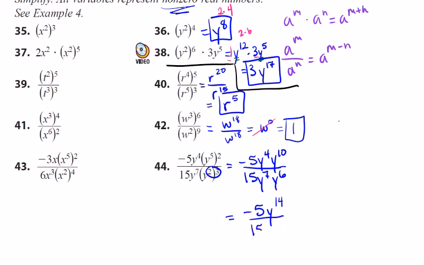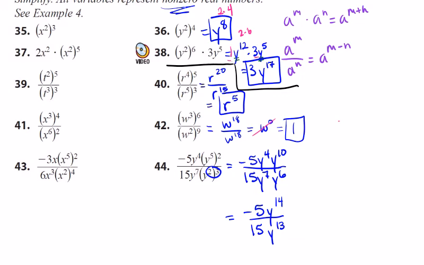On the bottom, I'm going to bring down the 15, and then I'm going to multiply these y's together. So I'm going to add their exponents. 7 plus 6 is 13. So we're going from 2 y's on top to 1 y on top, right? 2 y's on the bottom to 1 y on the bottom by using our product rule this time.